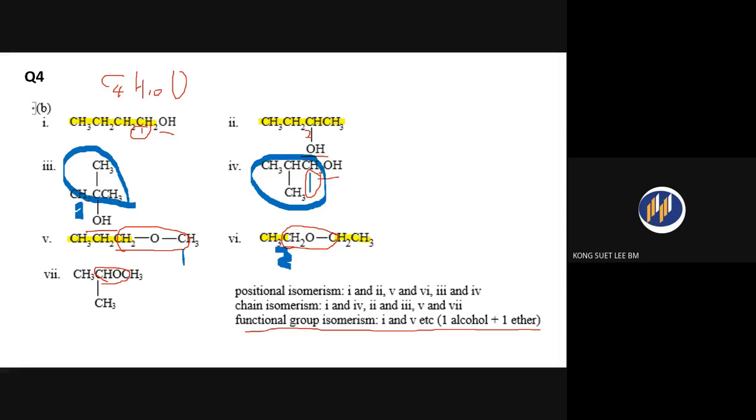That's why 1, 4 is chain isomer. Okay, tengok 2, 3. Ni C2. Ini pun kat C2. Tapi chain dia berubah. Ini lurus, straight chain. This one with branch. Another one is 5, 7. 5, straight chain, C1. 7, you see, this one C1 as well, but the branch is changed.